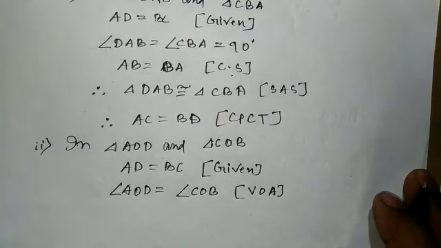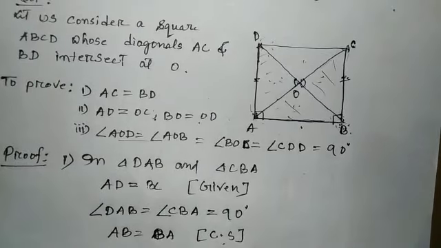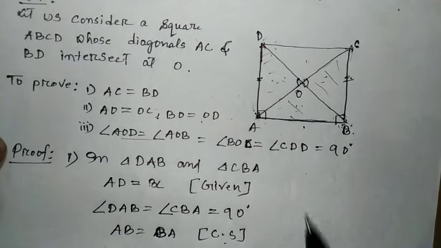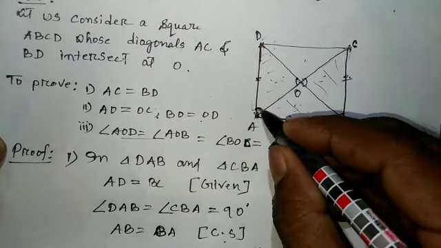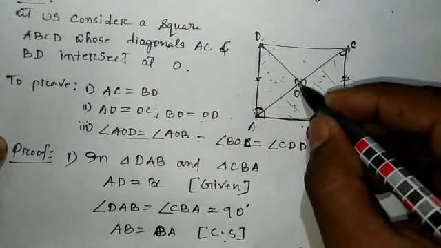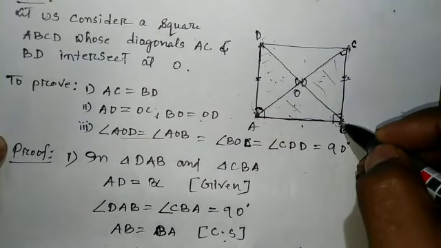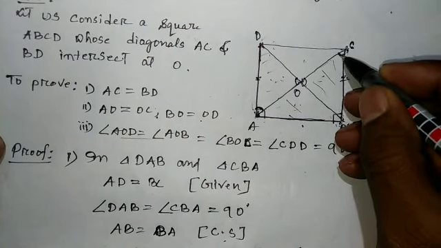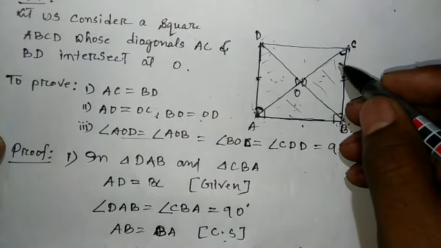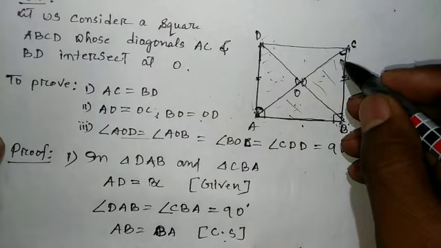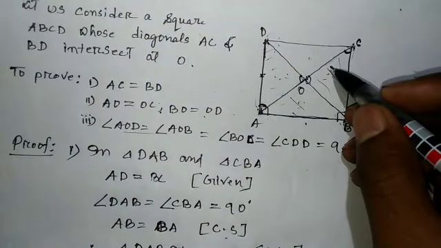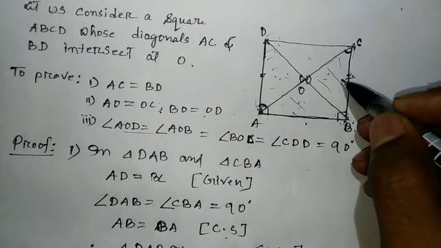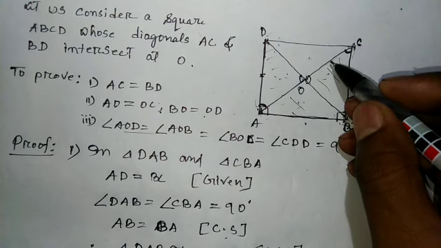Next see, in these two triangles, angle OAD and angle OCB are equal. Why? Because they are forming alternate angles. Why are these alternate angles equal? Because ABCD is a square, and a square is nothing but a parallelogram.